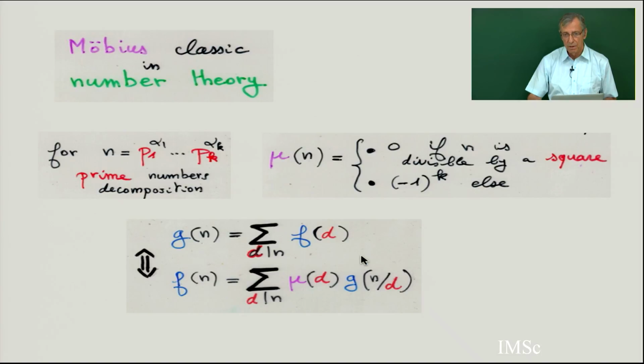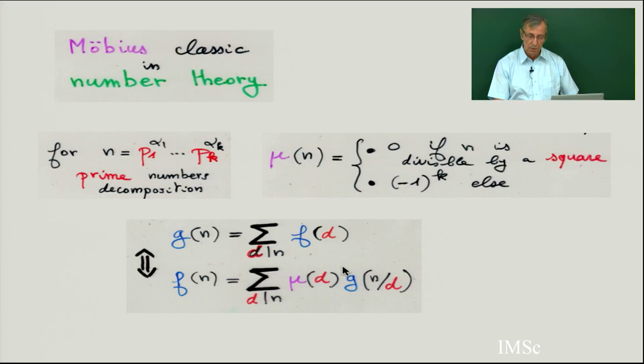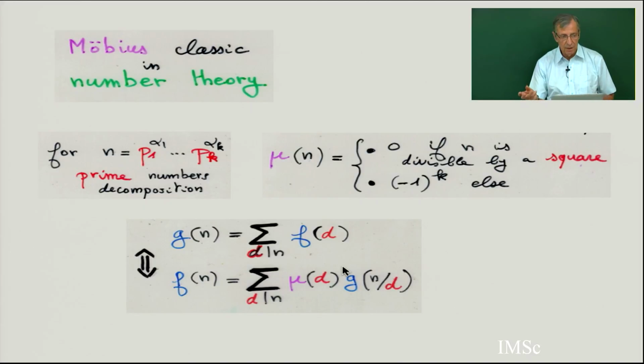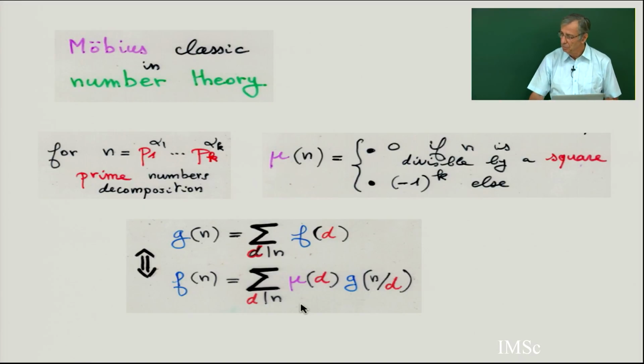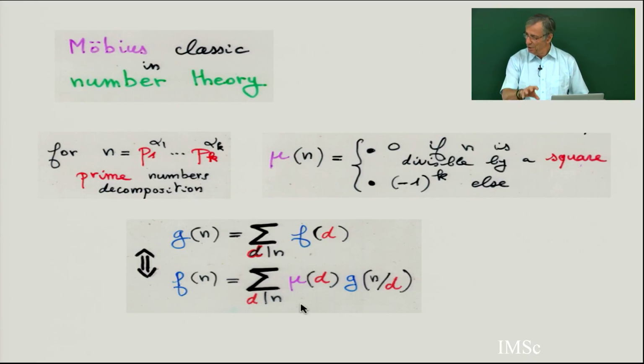And mu is defined by this relation. So this is the classical Möbius function in number theory. As soon as you have a function which is a sum over all divisors of a certain integer, then you can invert it by the mu. And I claim that the inversion lemma we have shown in heaps theory is an extension of this.